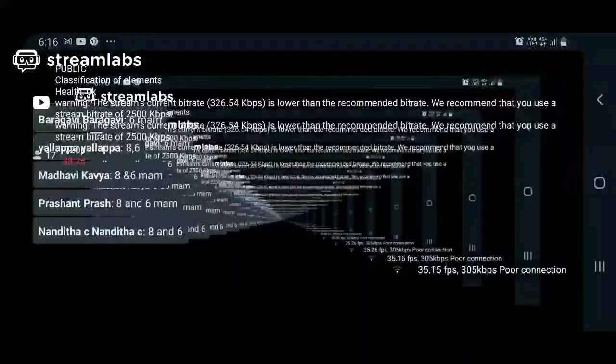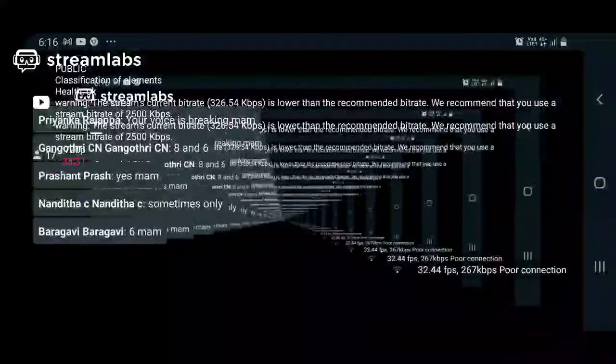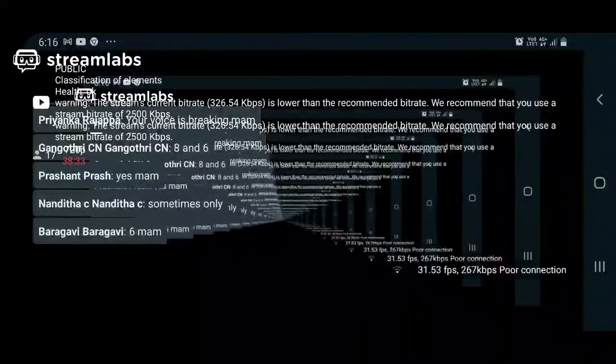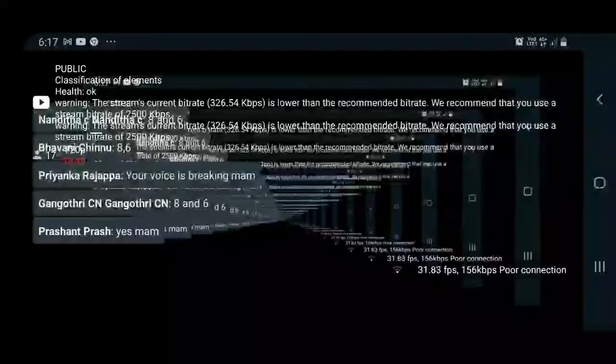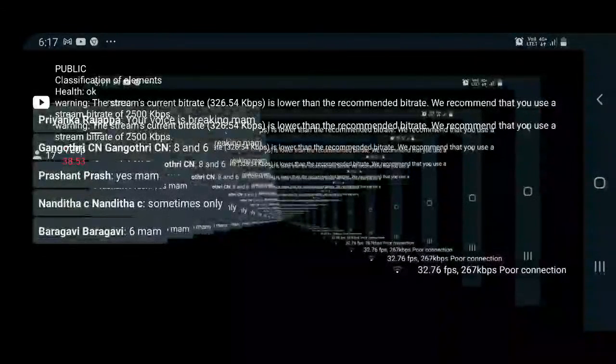Yes, Revati and Priyanka answered. The vertical columns are called as groups. Very good.